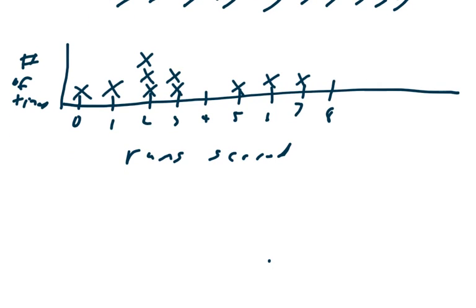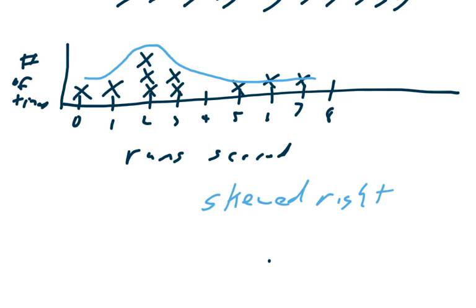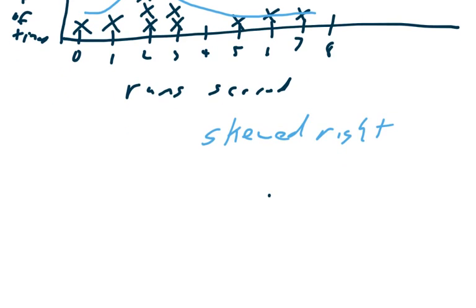And so the next thing that we talked about was the shape of distribution. Now for this distribution, because most of the data is over here, and then it sort of spreads out throughout, I would consider this one skewed to the right. If it looks like this, that would be considered symmetric.